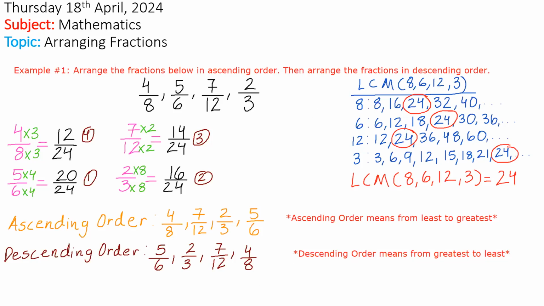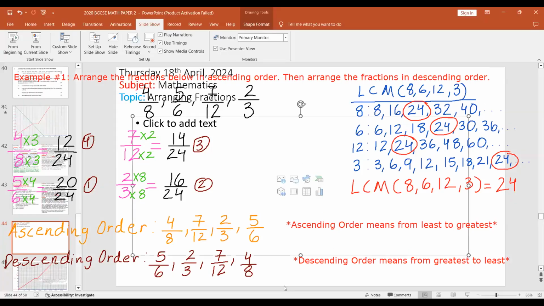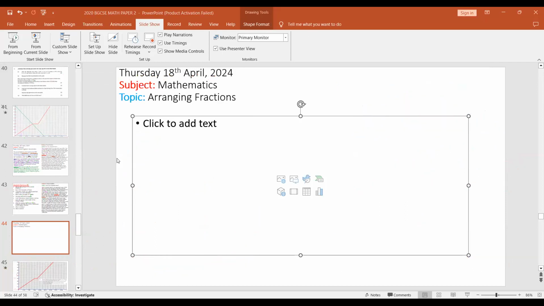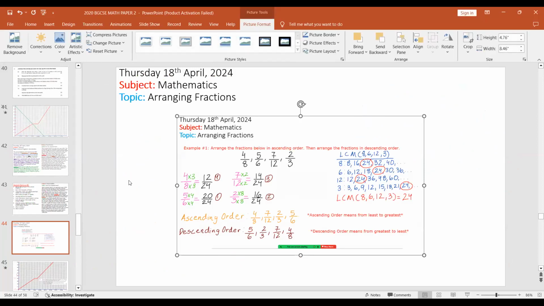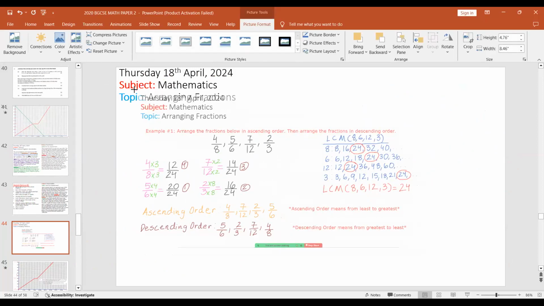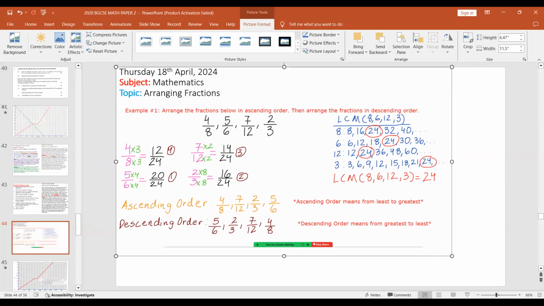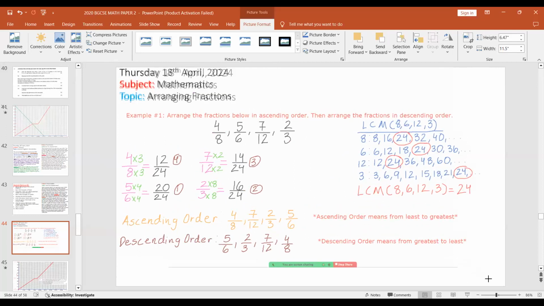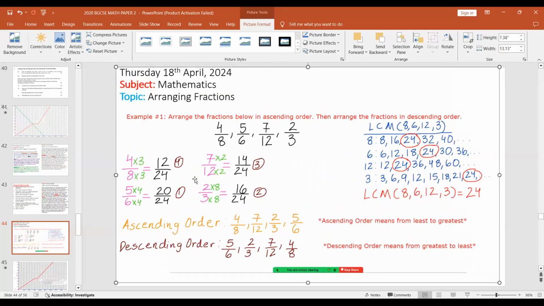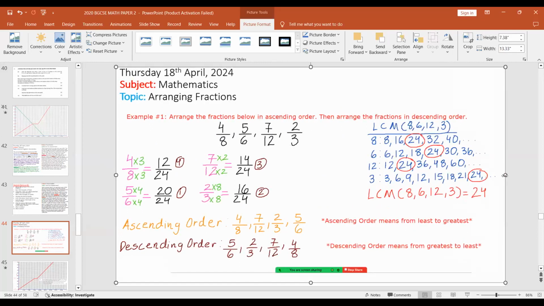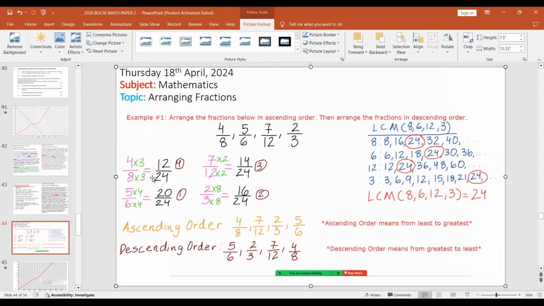Let's do another example, right? So let's do another example. Make our drawings. Okay, so let's go on to the next part, number 2.